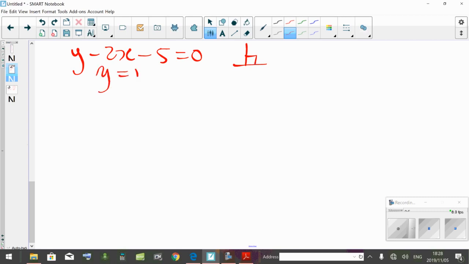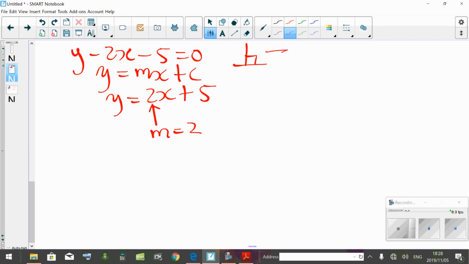Before we can do any further analysis, we're going to write this in the form y is equal to mx plus c, which will give us y is 2x plus 5.